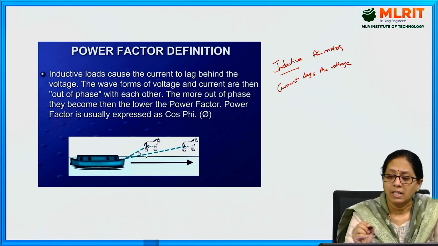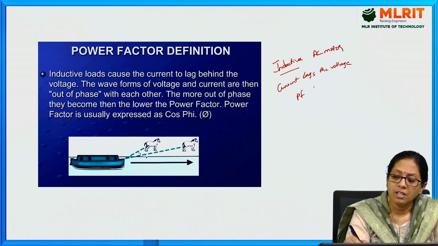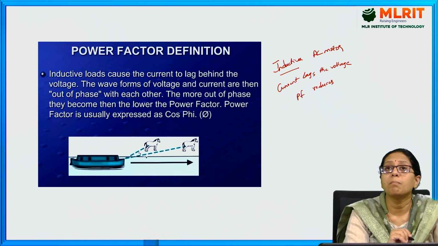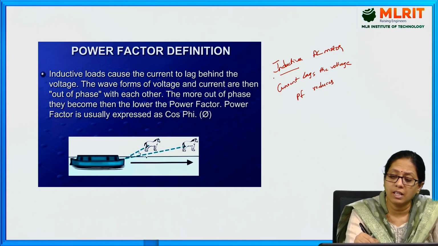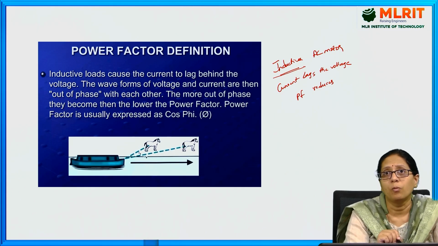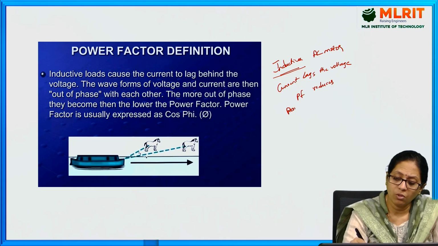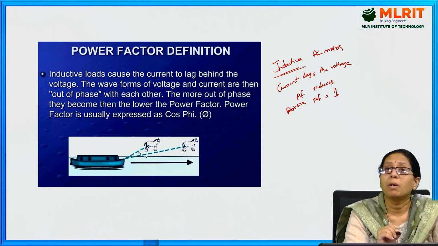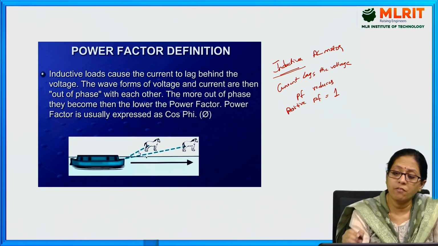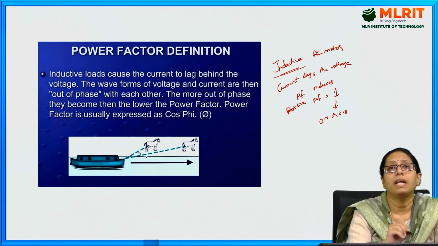Because of this, the power factor reduces. In the previous slide we saw that for a resistive load the power factor is unity, that is 1. But for an inductive load, the power factor reduces from 1 to around 0.7 or 0.8.